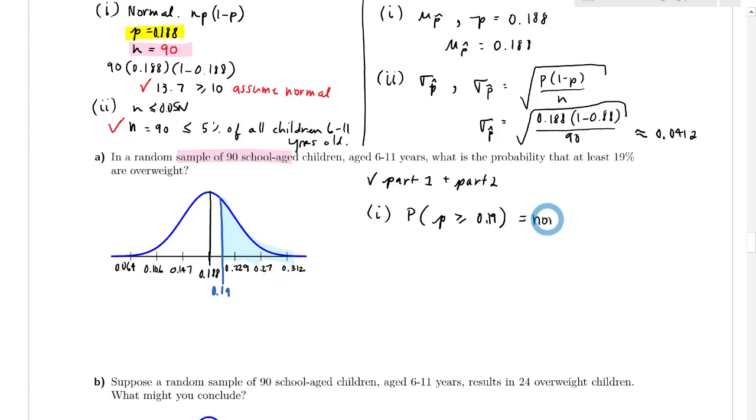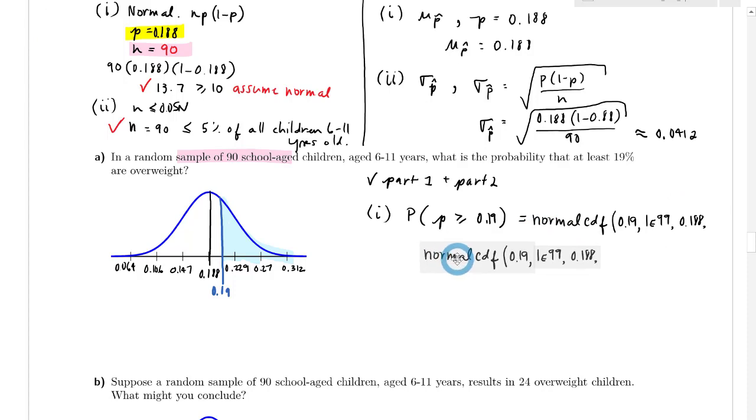So we're going to use normalcdf. Then you do area, I'm so sorry, left and right. Left is 0.19. Right is all the way on the tail, so 1E99. The mean we can grab from up here, 0.188. And for the standard deviation, I'm actually going to use the exact standard deviation.